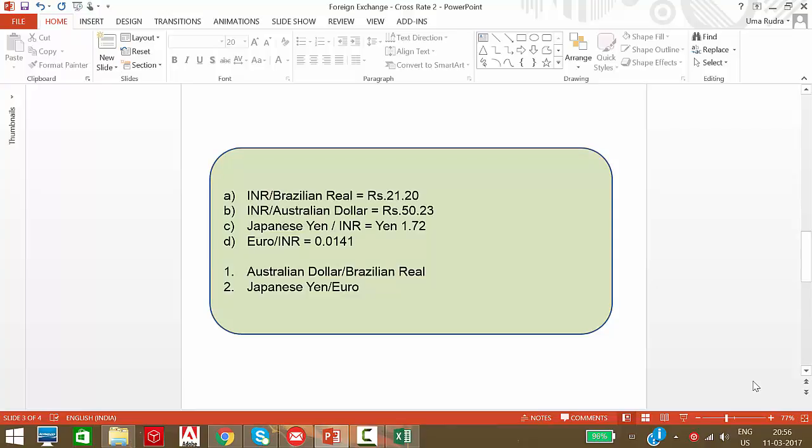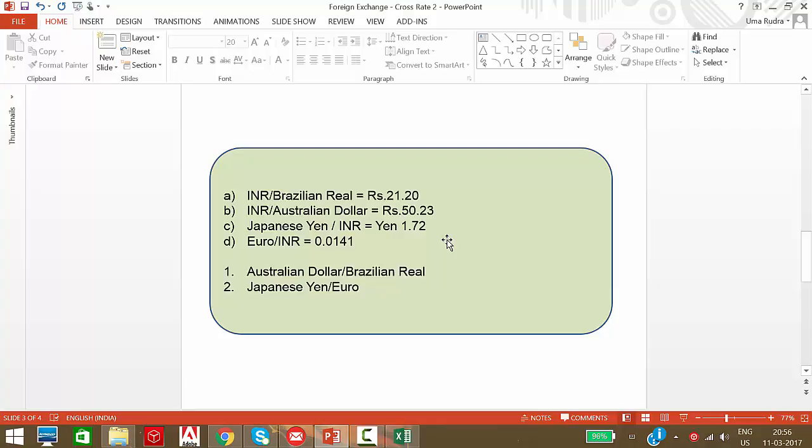Suppose, from an Indian perspective, these are the rates available. INR per Brazilian real is rupees 21.20, INR per Australian dollar is rupees 50.23, Japanese yen per INR is 1.72 yen, and euro per unit of INR is 0.0141.